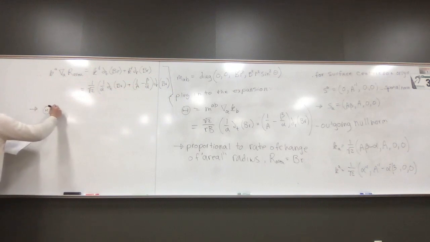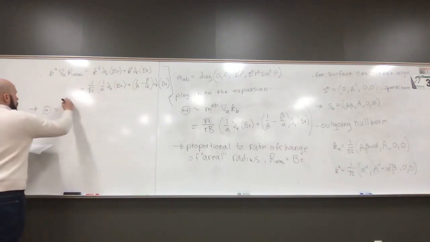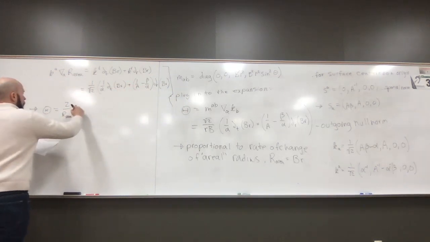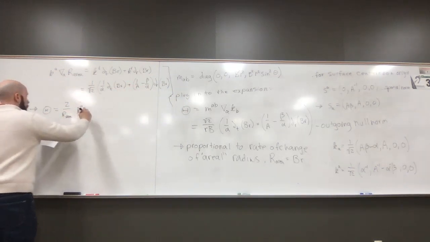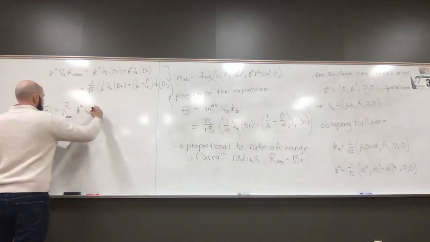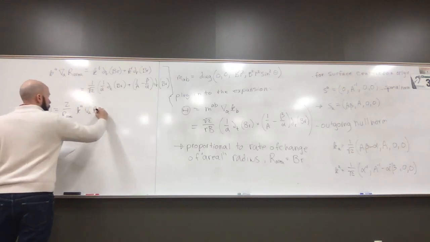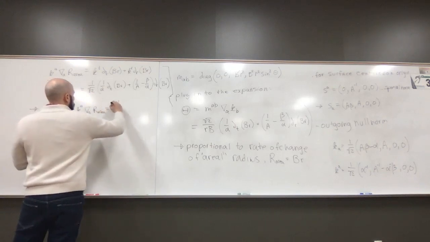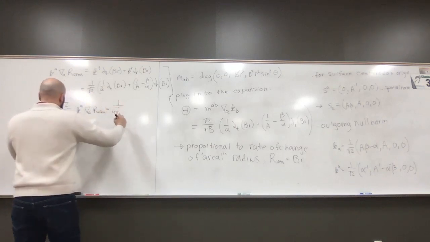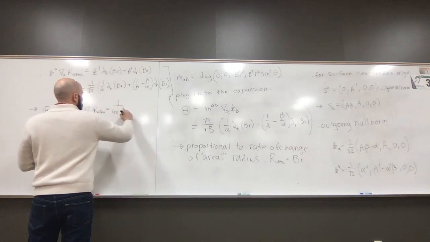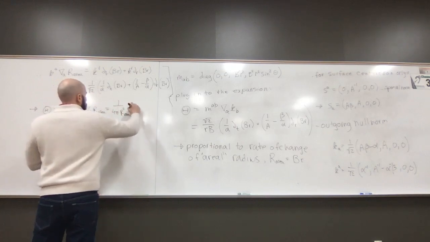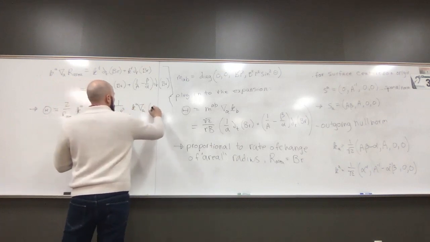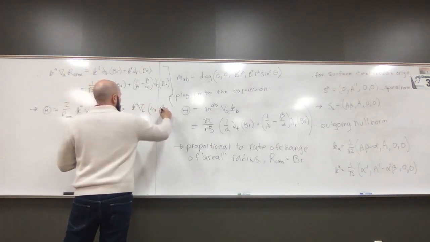So capital theta is equal to 2 over the areal radius times K upstairs A, grad A of the areal radius, which is equal to 1 over 4 pi areal radius squared, Ka grad A of 4 pi areal radius squared.